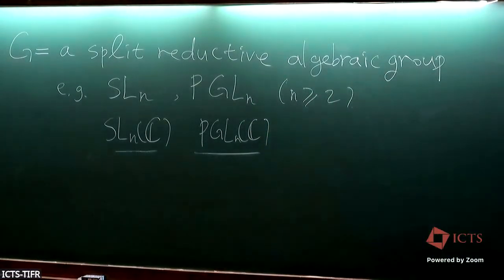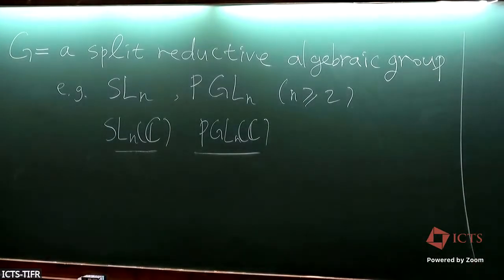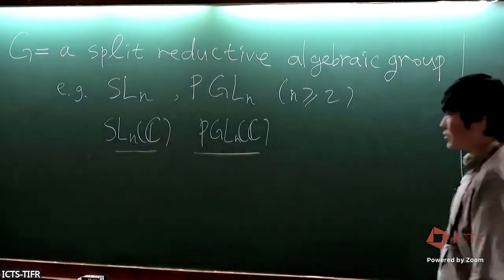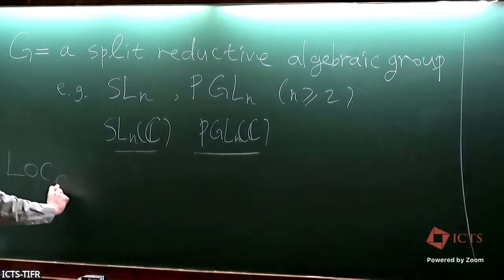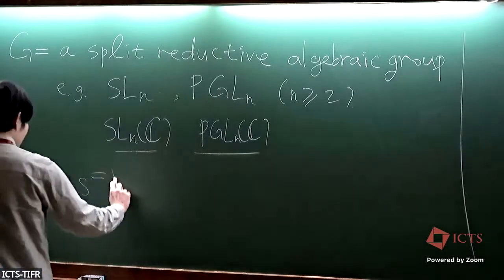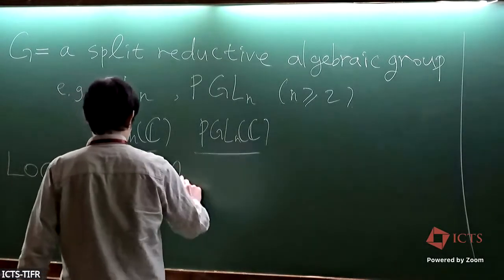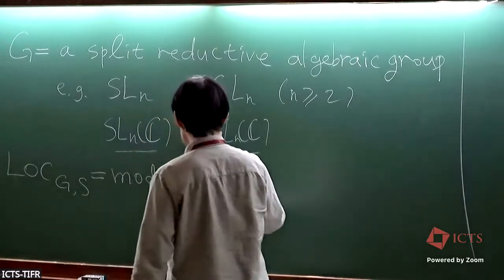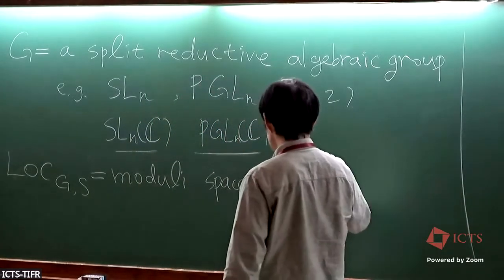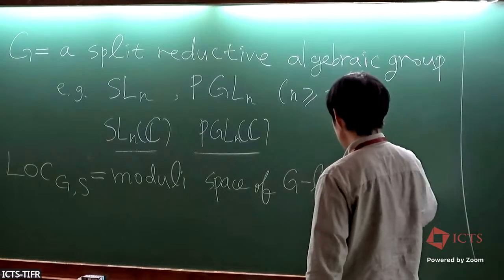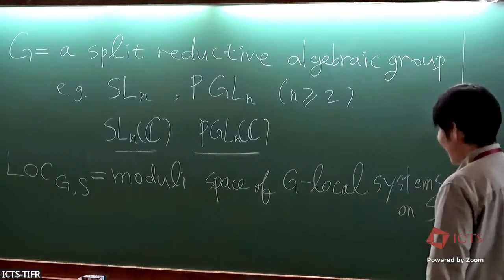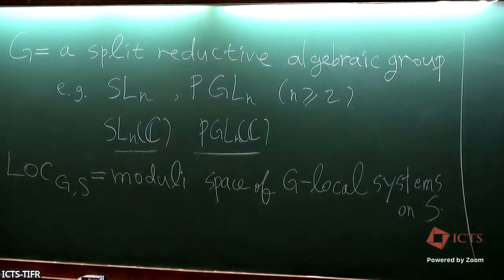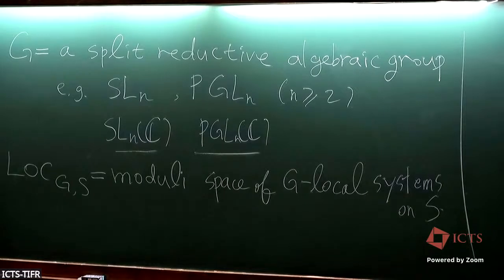The basic space that I'm interested in is the moduli space of G-local systems. Let me call it Loc_{G,S}, the moduli space of so-called G-local systems on S. You don't have to know what a G-local system is, because I'm not really going to use that definition.